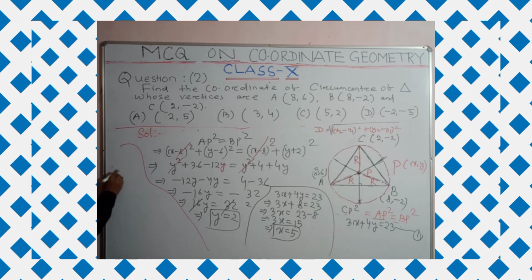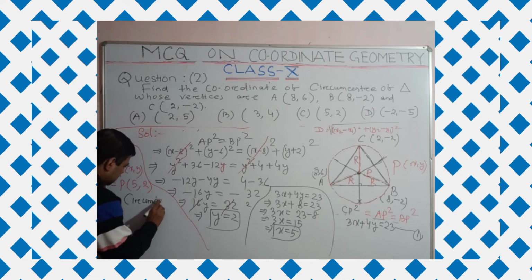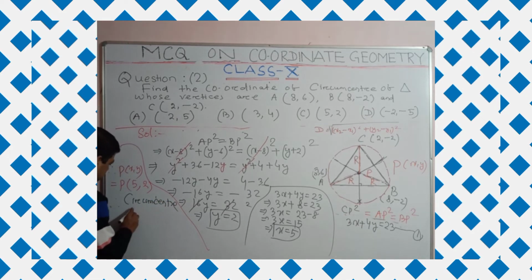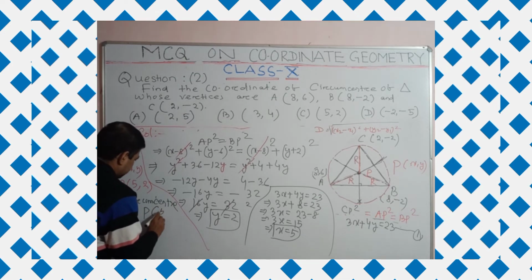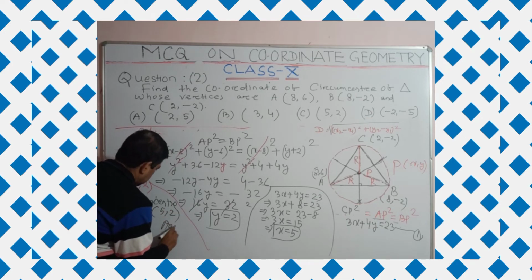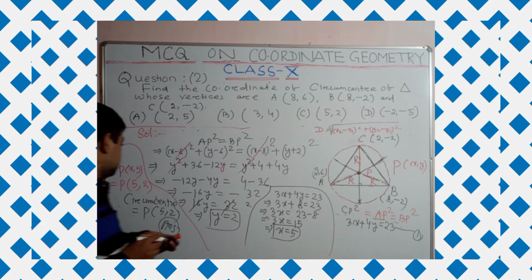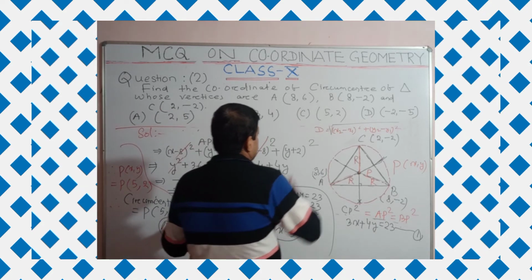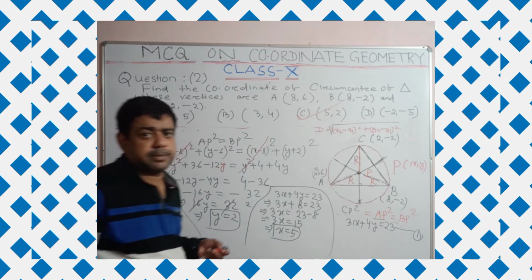The value of x is 5 and the value of y is 2. Hence, this is the circumcenter of the triangle, this is the answer, and the required option is option C. Option C is the correct option.